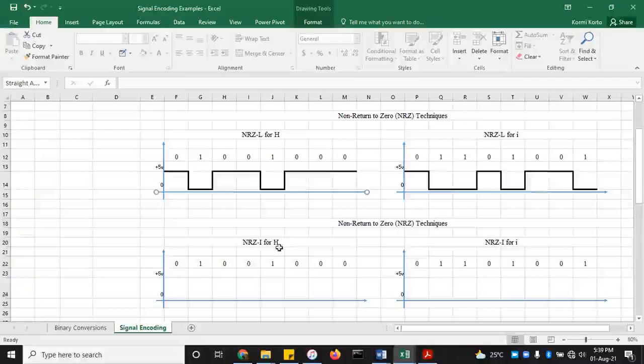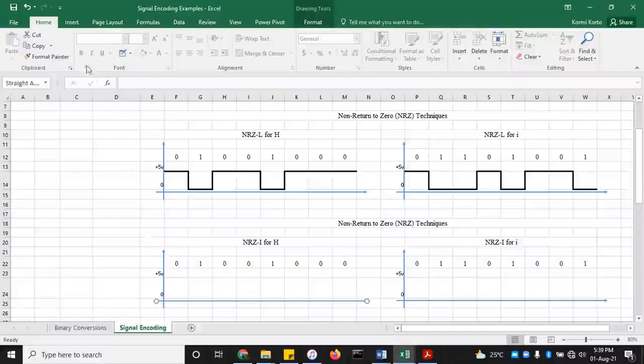Now, what about non-return to zero inverted, which is the second scheme option? Okay, so now the rule for non-return to zero inverted, it's not the exact opposite of non-return to zero level. Keep that in mind. But the rule states that when you have a zero voltage pulse, or a bit in an off state, you start with what?